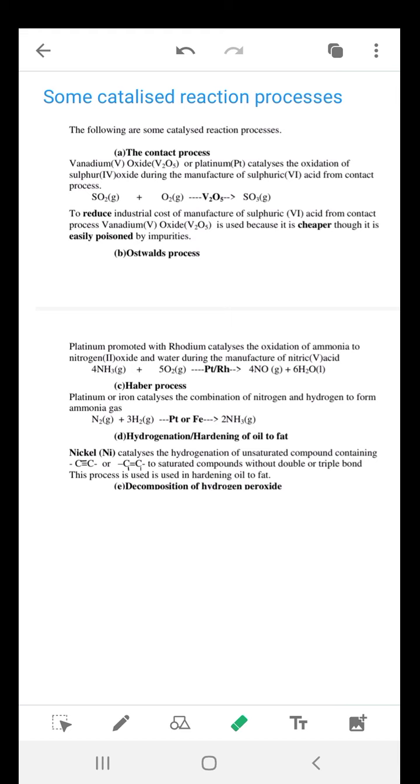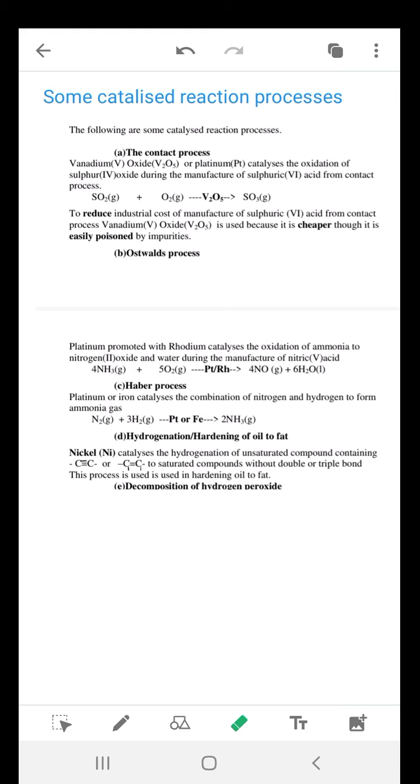We use a catalyst. Which catalyst? Name the catalyst. Yes, good. So platinum rhodium catalyst is used in this process, and we clearly say that during that process, the platinum rhodium should be in powder form.